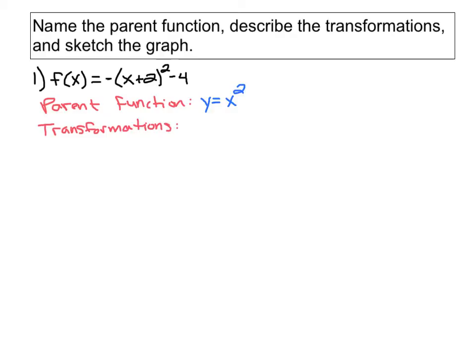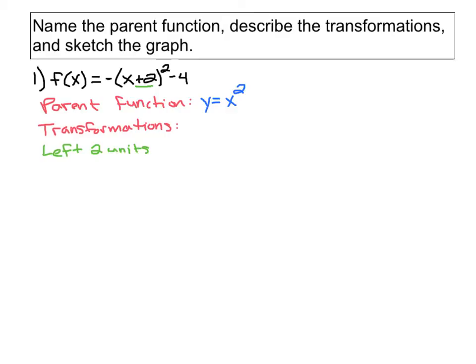This is when we got to start analyzing the function. We have a negative being multiplied on the outside, adding 2 on the inside, and subtracting 4 on the outside. Well, we can take care of these addition and subtraction right away. So this adding 2 on the inside, that's saying it's going to the left 2 units.